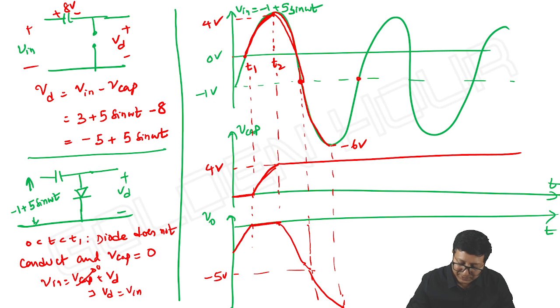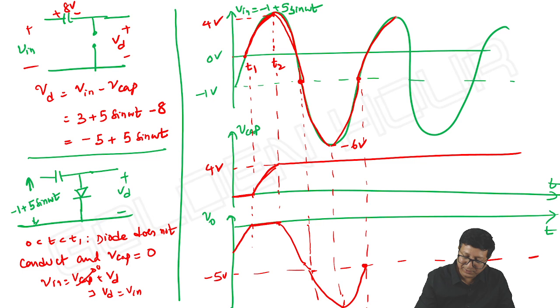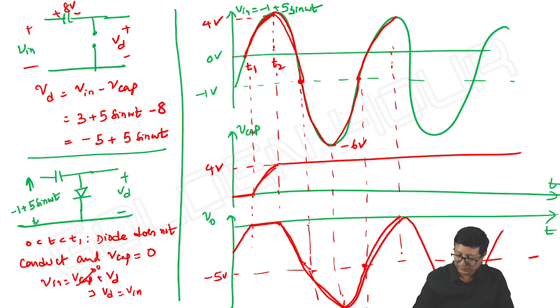Again, from here to here, the input is rising by another 5. It will also rise by another 5. Again, from here to here, the input rises by another 5. So ultimately, your output wave shape is something like this. Always your VD is negative.